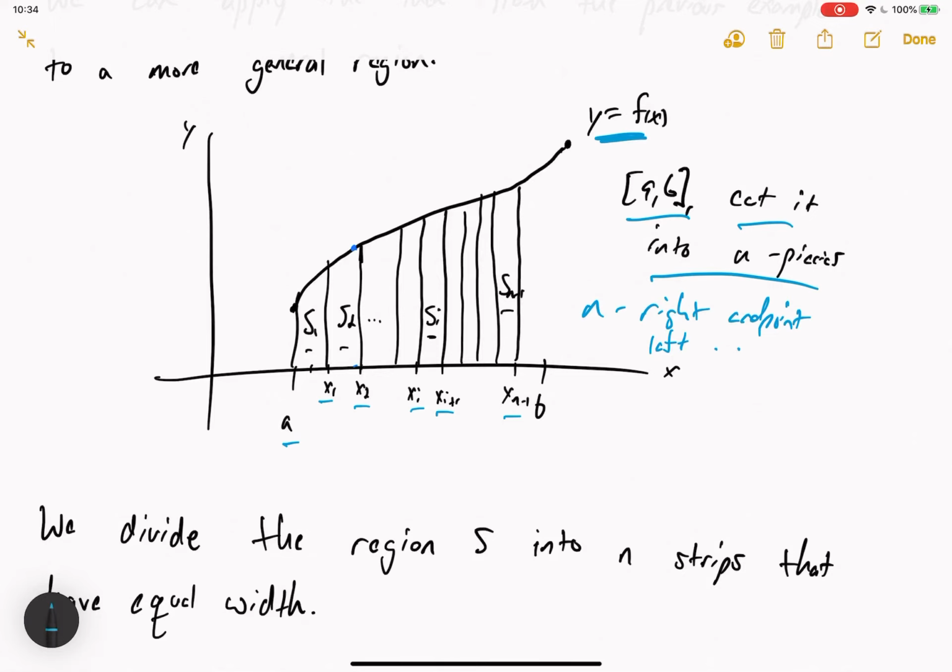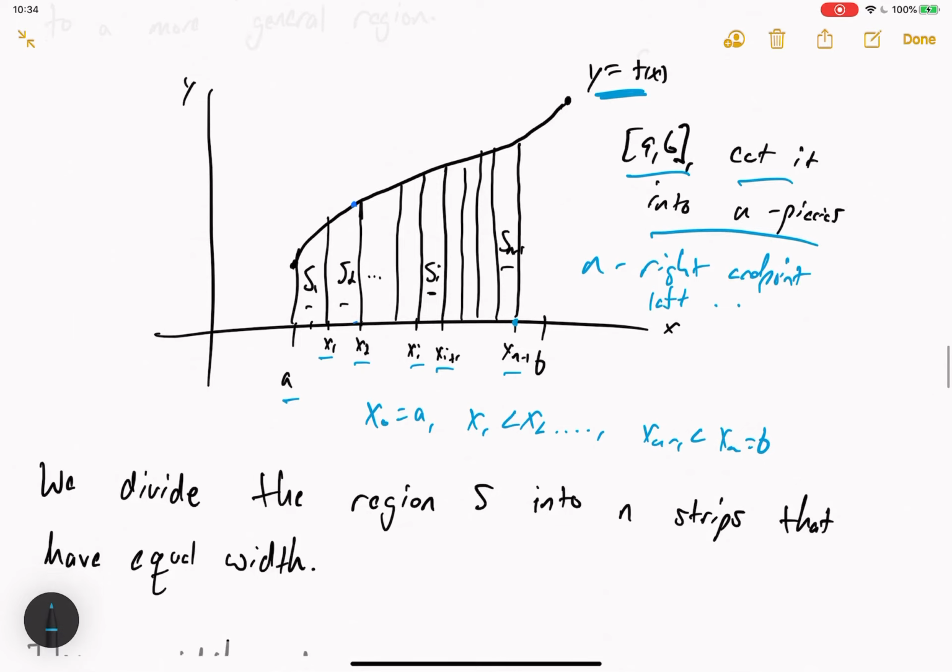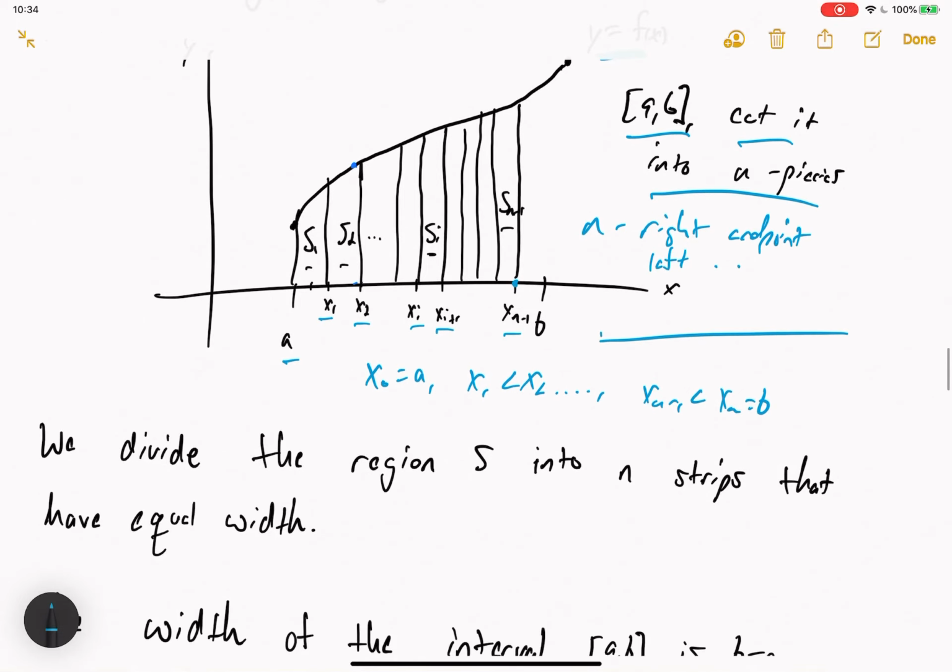And when we do that, we have subintervals that go from x0, which is equal to a, and we have x1, which will be smaller than x2, and so on. We'll go to x_{n-1}, which is this point right here, which is less than x_n, which is equal to b. This may seem weird, but imagine you have a piece of wood, you call one side of it 0, and the other side b.